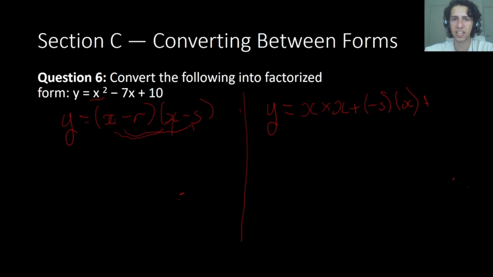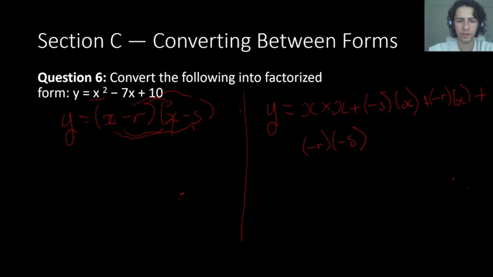Now we're going to get the second term from the first polynomial and multiply that by all the terms within the second polynomial. So now we have negative r times x, plus negative r times negative s.